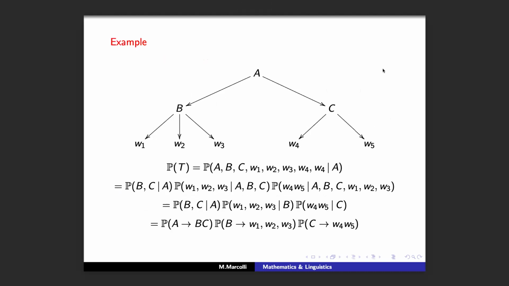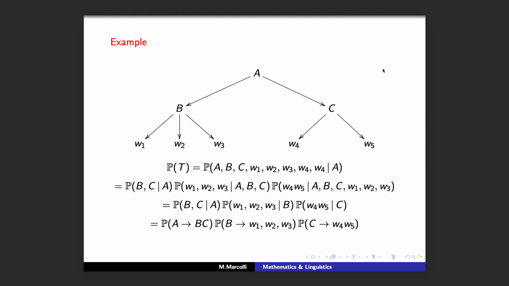And if you do this, then you get what you expect: the probability that you assign to a whole parse tree is in fact the product of the individual production rules that end up building the tree, and each of them is independent of the other ones.